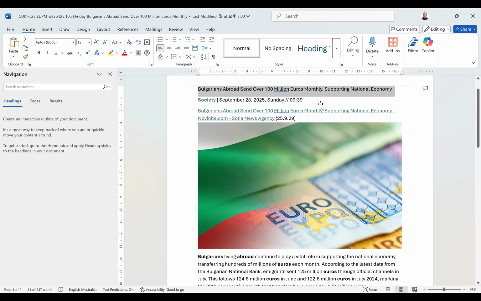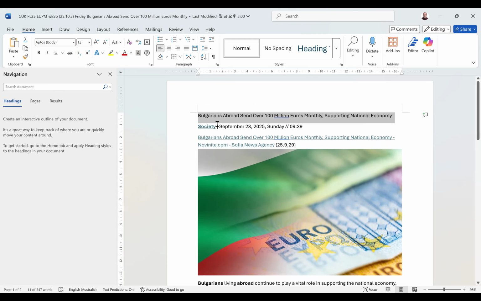So it says here in this Bulgarian news report that Bulgarians abroad send over 100 million euros home monthly, right? And this isn't just from the European Union. This is also from the United States and Australia. But just to show you how dependent these former communist countries are on people leaving their country, using the right of free movement of goods, services, capital, and labor, right?